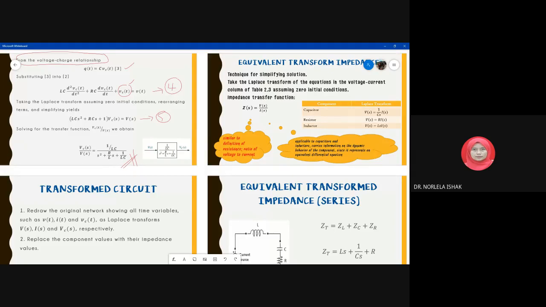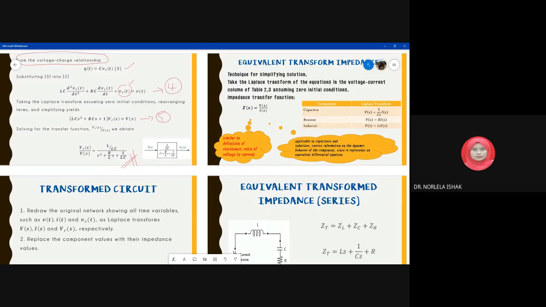simplifying the solution. Take the Laplace transform of the equation in the voltage-current column. Meaning we take the Laplace transform of the equation in the voltage-current relationship from table 2.3, assuming zero initial conditions.